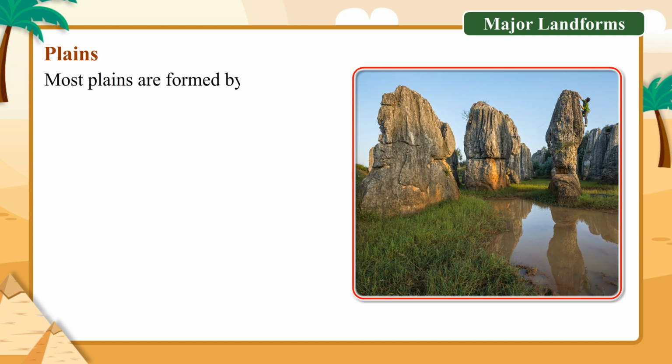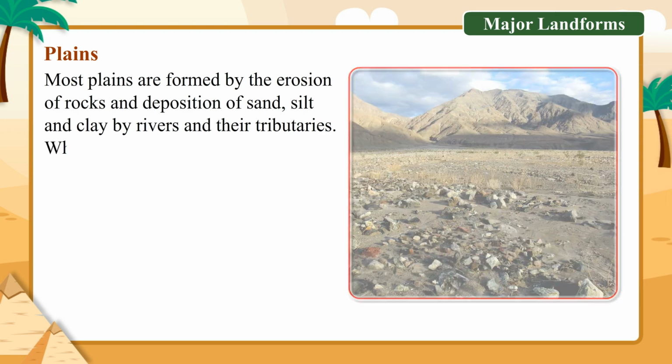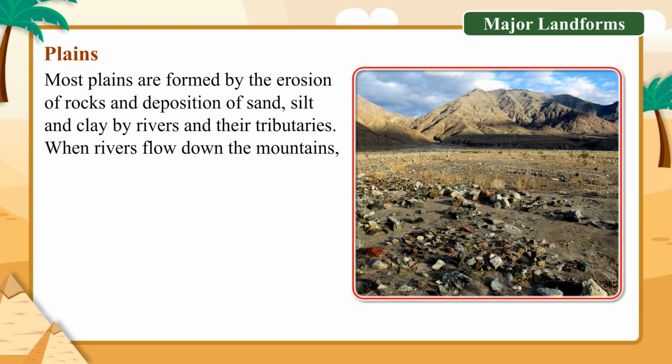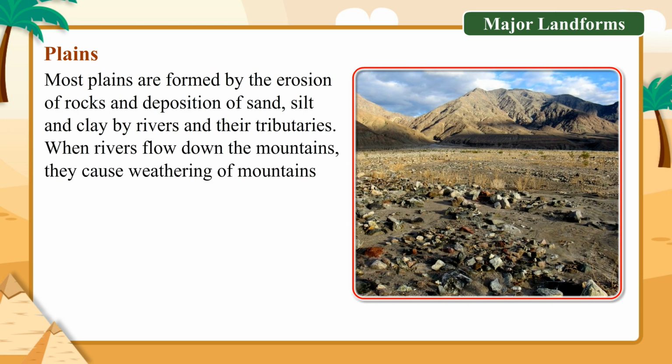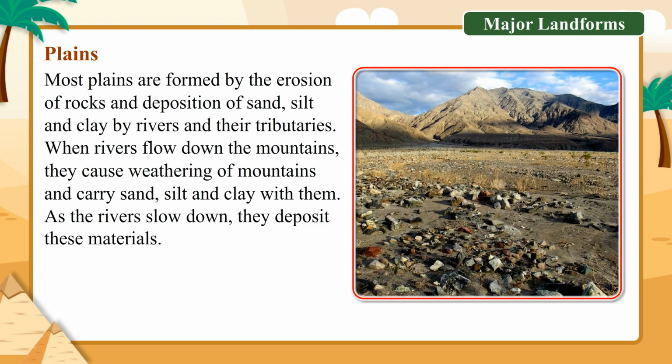Most plains are formed by the erosion of rocks and deposition of sand, silt and clay by rivers and their tributaries. When rivers flow down the mountains, they cause weathering of mountains and carry sand, silt and clay with them. As the rivers slow down, they deposit these materials.